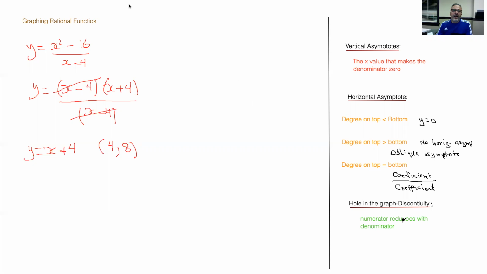So this is a lot easier to graph. Okay, so we know the hole is at 4 and 8, so 4 and 8, just around there.